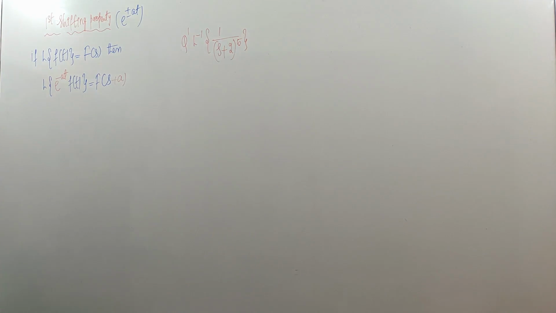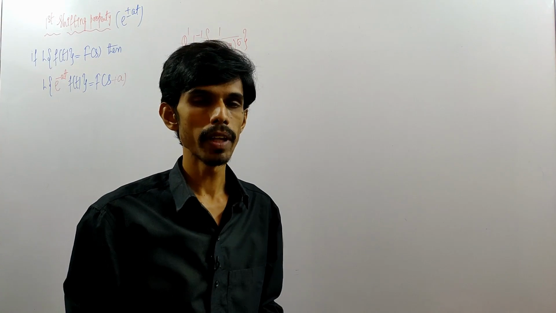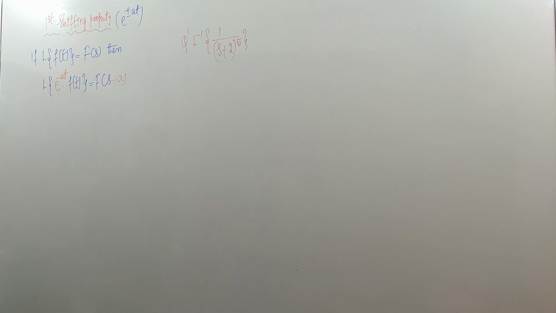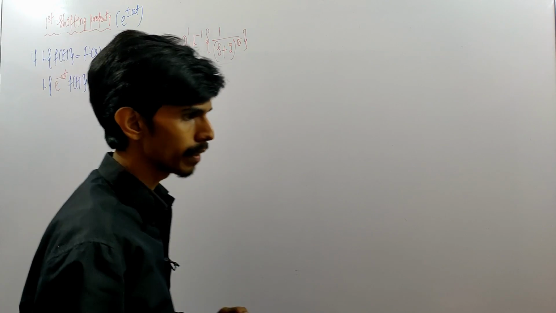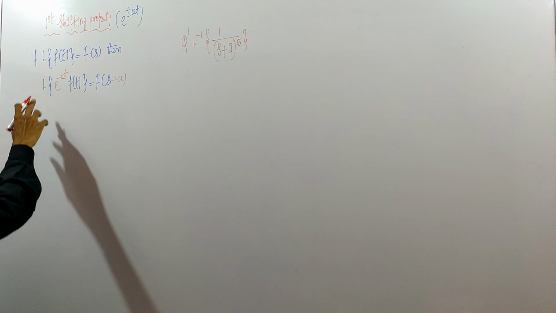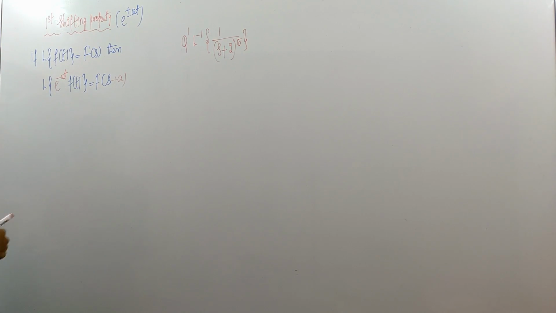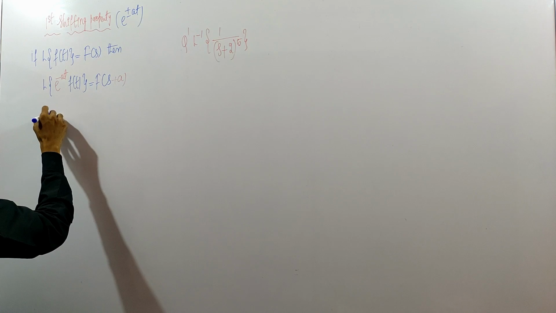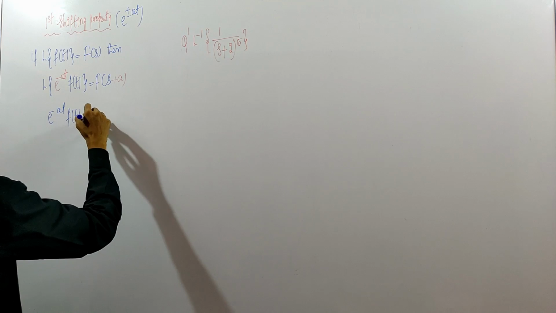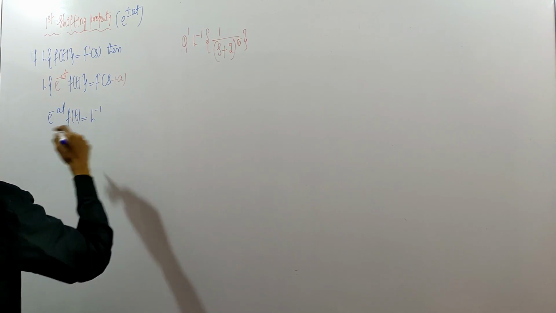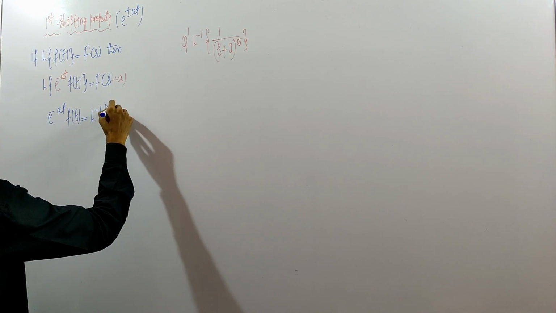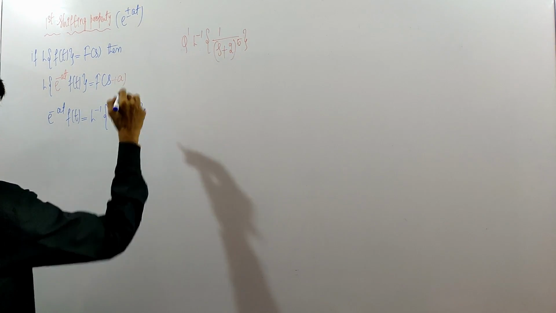This is the first shifting property for converting a time domain function to an s domain function, that is using this property for Laplace transform. Similarly, this property can be modified to obtain inverse Laplace transform by just rearranging this L. If we send this L to that side, it will become L inverse of f of s plus a.